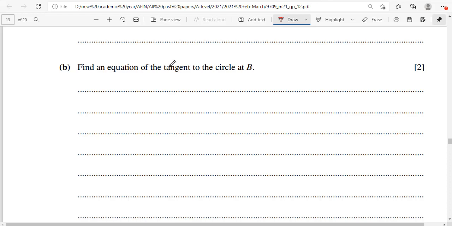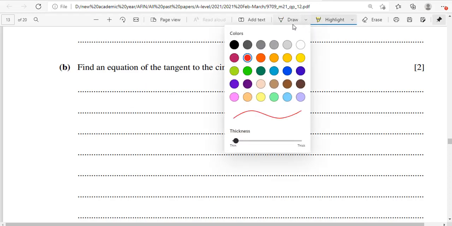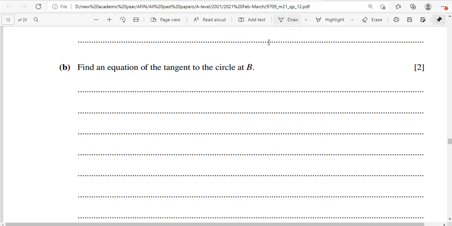Find an equation of the tangent to the circle at B. The equation of the circle was like this: x minus 4 squared plus y minus 5 squared equals 25.